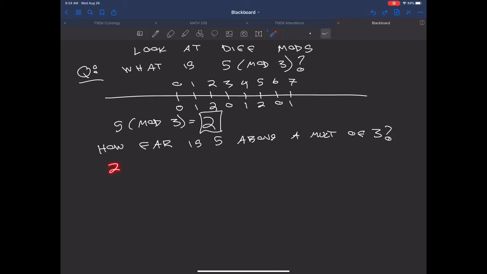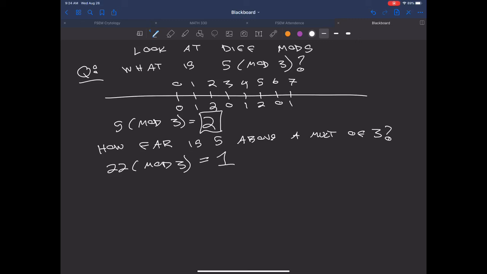All right, so now let's do 22 mod 3. Let's look at 22. What is the nearest multiple of 3 to that? And then how far away is it? The nearest multiple that's below it, at least, is going to be 21. 21 is a multiple of 3, and 22 is 1 unit away.